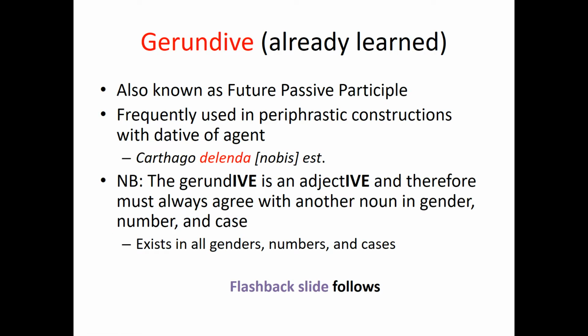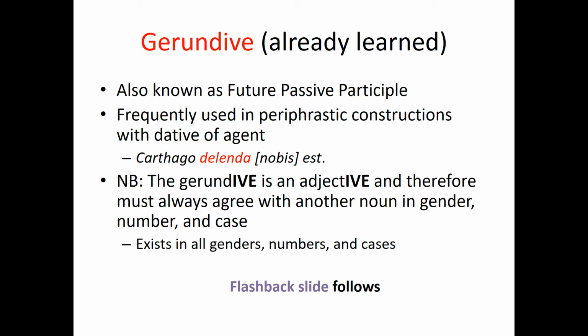The gerundive is actually something that already has been learned because the gerundive is just another name for the future passive participle. This is the undus ending that you apply to the present stem.